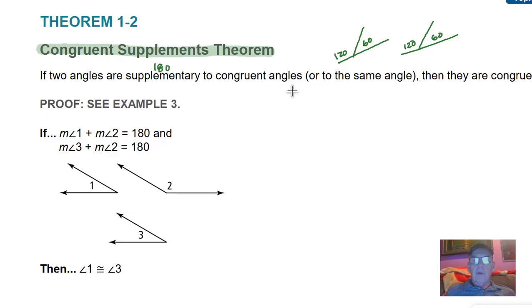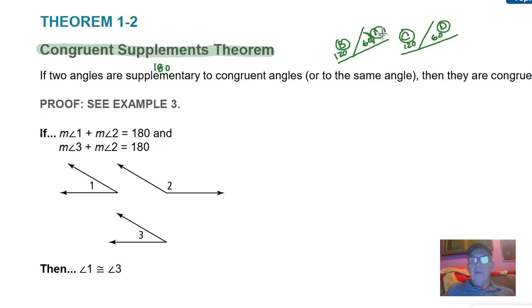So if two angles are supplementary to congruent angles, let's say we're talking about this 60-degree angle here. This 60-degree angle, call it angle A, is supplementary to this angle B. Together, they're supplementary, which means they add up to 180 degrees. So A is supplementary to B. Now over on this other side, angle C is the same thing as angle B. It's also 120 degrees. And its supplementary angle, we'll call it D, has to be 60 degrees.